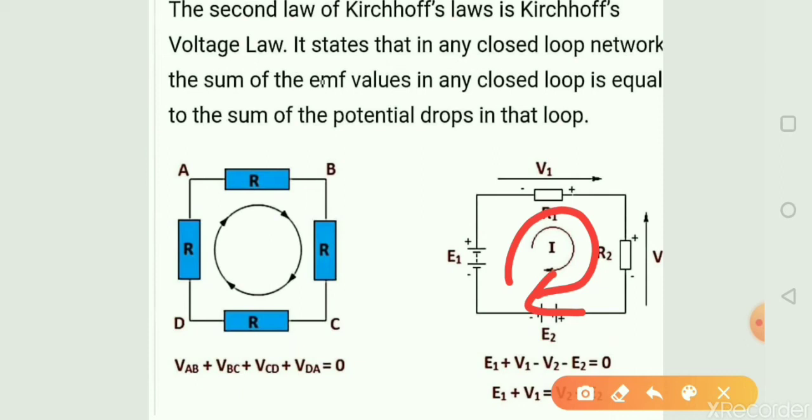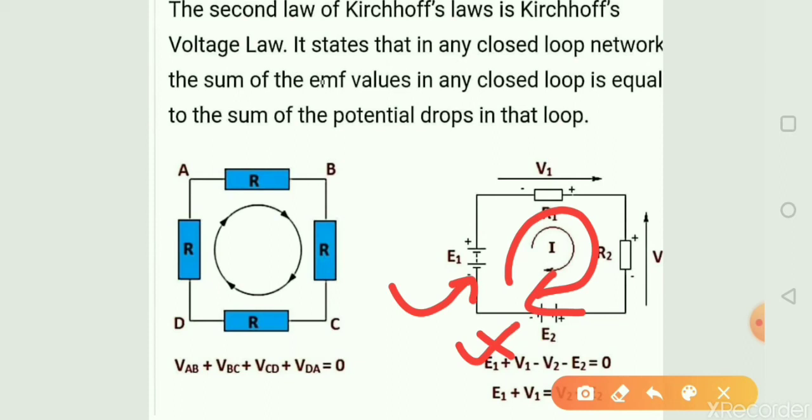Let us say we are moving in clockwise direction. Starting from here, the first element is E2. Here we start from this source.